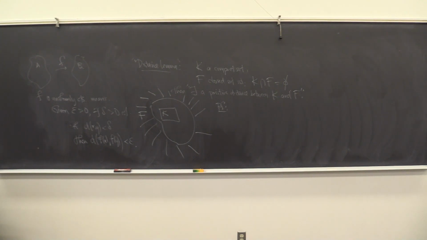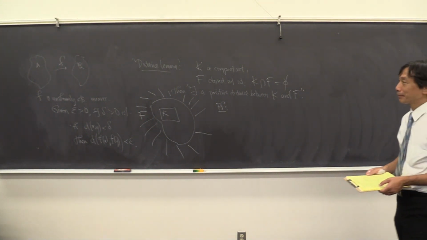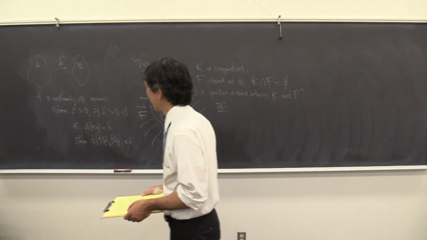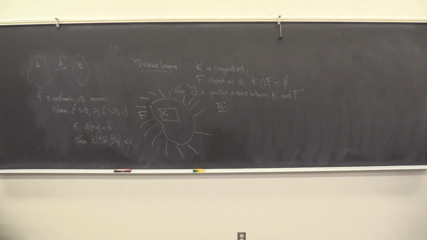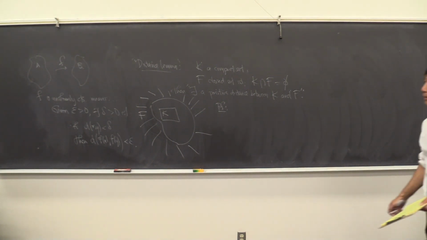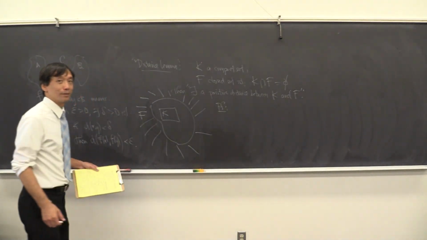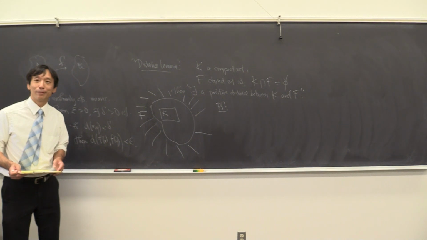We could do it by contradiction: suppose there's no positive distance, so the points get arbitrarily close to each other, which means they share a limit point, so the intersection is not empty, and that is a contradiction. Yeah, that makes sense.